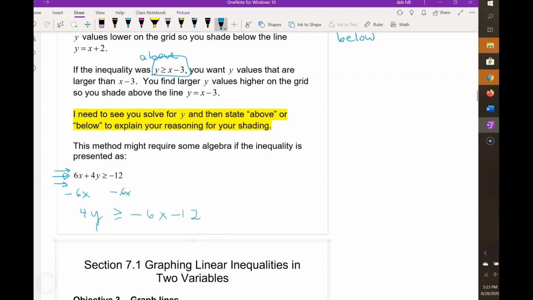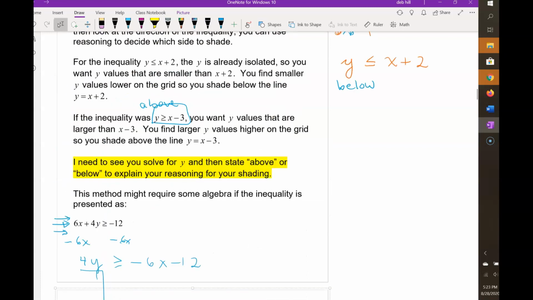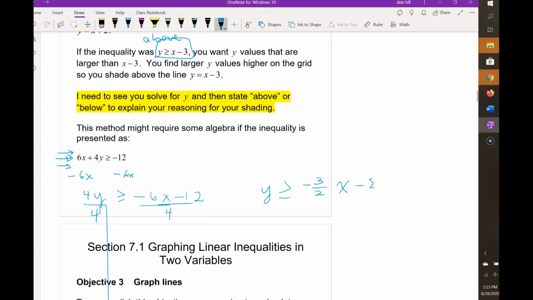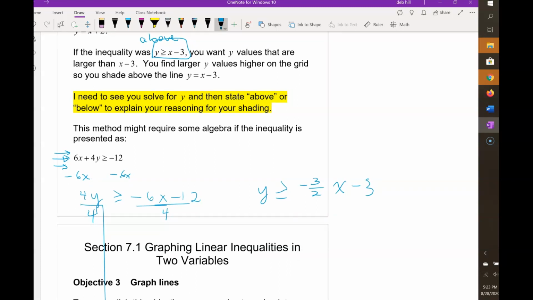And then you would divide both sides by 4, reducing all fractions, and get y is greater than or equal to negative 3 halves x minus 3. So now that it's in this form, you can see that you need to go above.